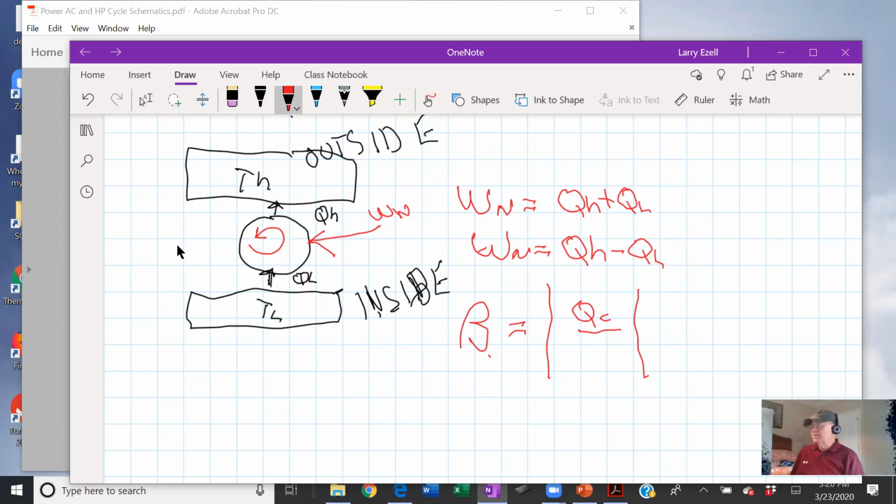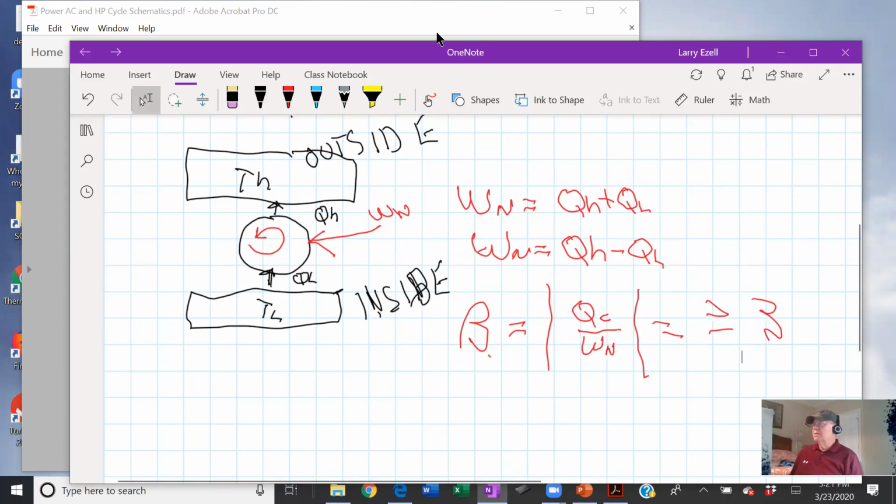That's the maximum QC that unit is capable of, divided by work net. And as it turns out, this ratio is typically 3. Now, that's not efficiency. That's a measure of performance.